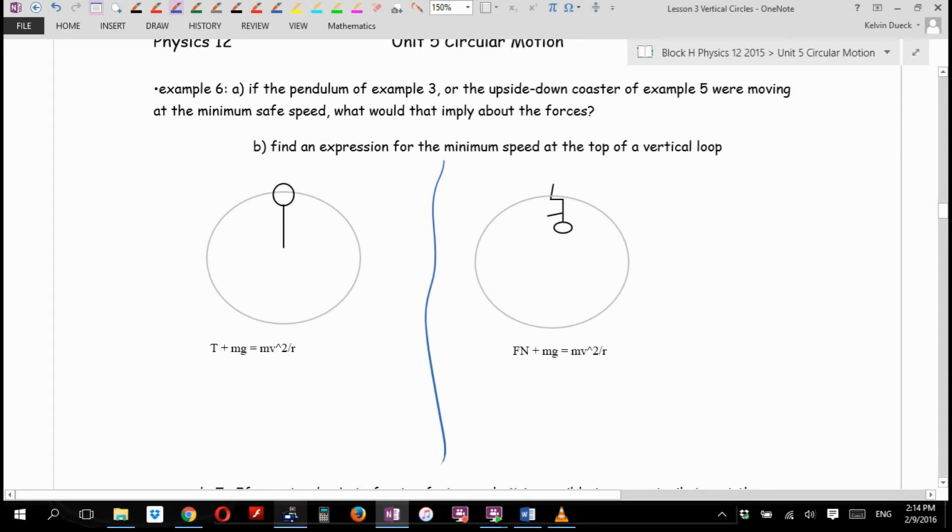So here's a vertical circle. I'm going to try and hit the minimum safe speed, and I want you to watch the rope very carefully. If I get to the minimum safe speed, what do you see in the rope? If it's slack, how much tension is there? I think the minimum safe speed would be if I could get tension to be exactly 0, no more, no less. Is that okay?